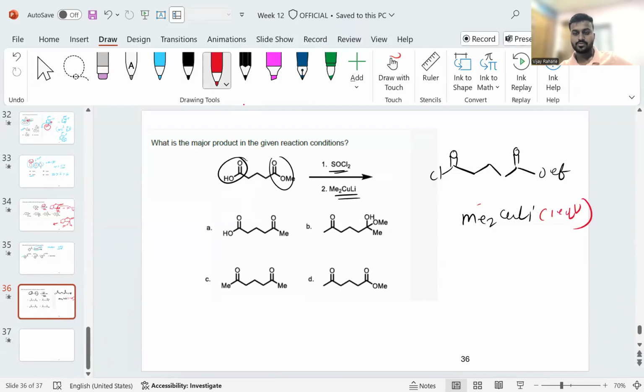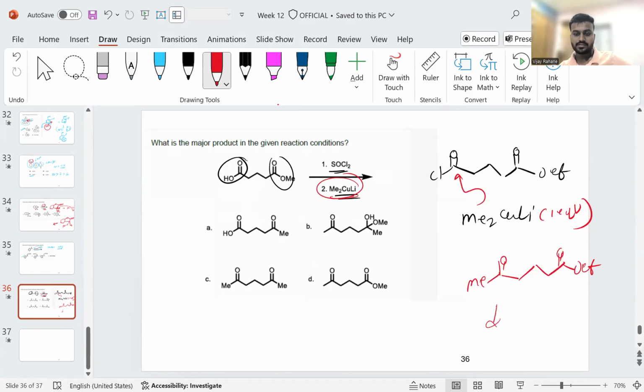So this particularly goes to the acyl chloride center, and we get the methyl ketone as the major product. That is if you add one equivalent, but here no equivalence is mentioned. So if you consider it in excess, obviously the first one will also convert.